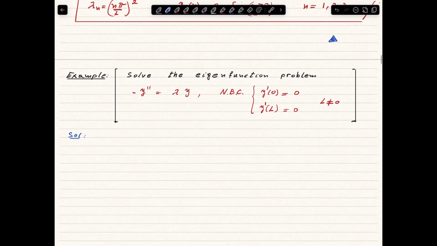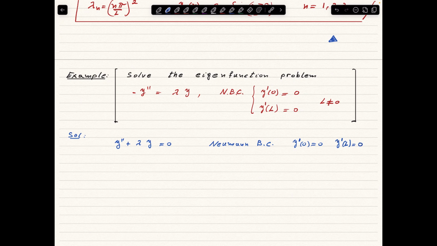So what is the equation we need to solve? The equation is y double prime plus lambda y equals 0 with Neumann boundary conditions, which are the conditions we have there. The derivative at 0 is equal to 0, and the derivative at L of the function is equal to 0.